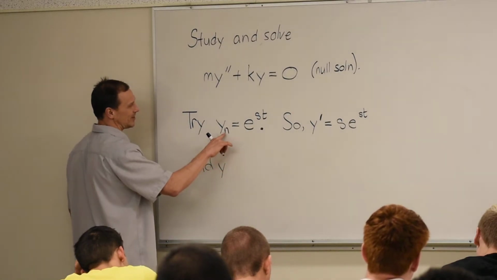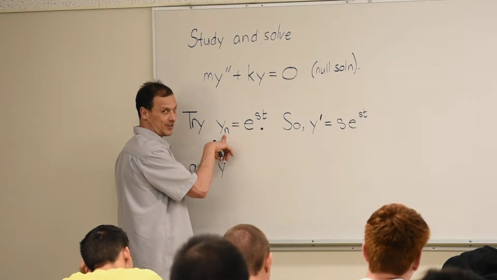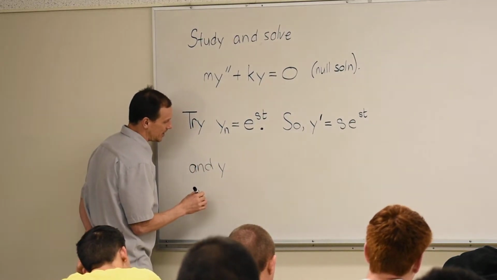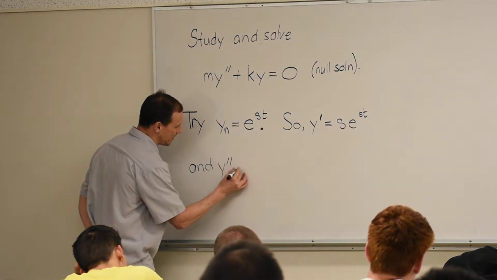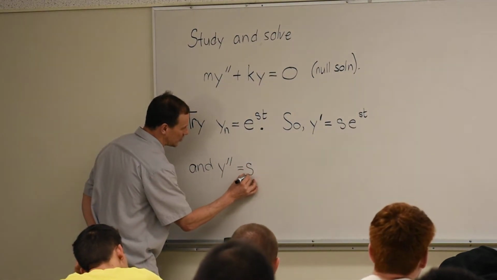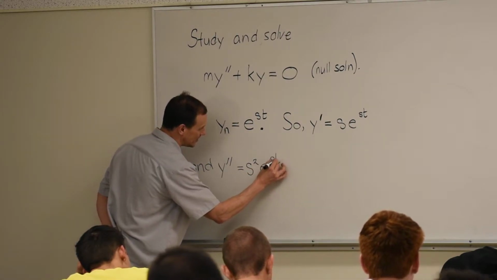I'm not going to write this null here each time, so this is all applying to this solution. So y double prime is equal to s squared e to the st.